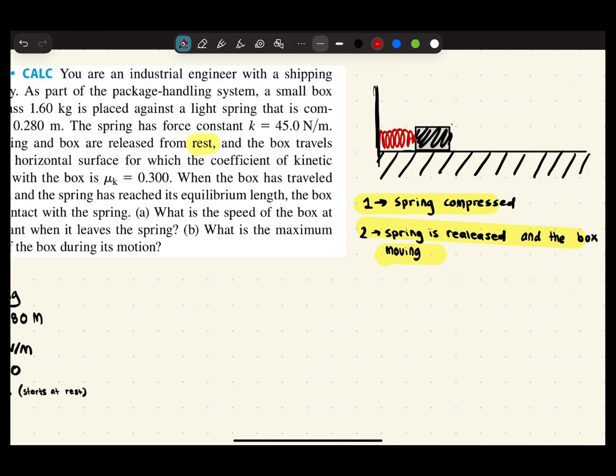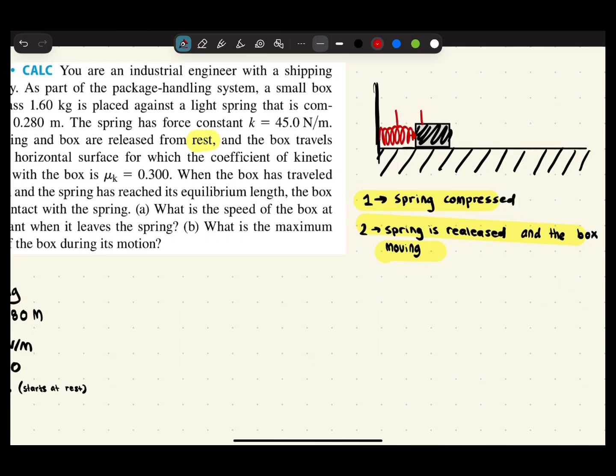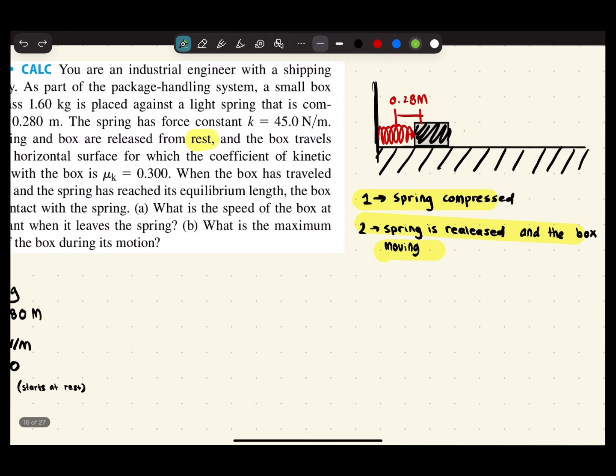Now there is a force that pushes the box towards the spring, and what happens is the spring compresses by 0.28 meters. Now once this force stops compressing the box and the spring is released, the box has a velocity going this way.